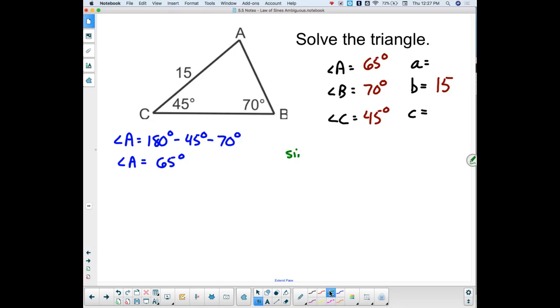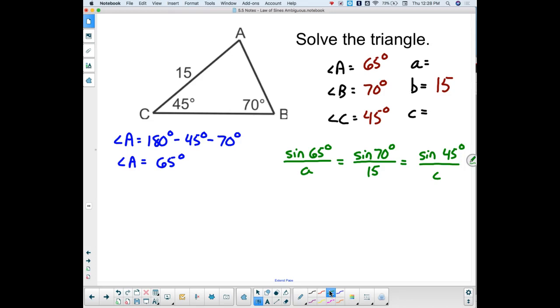The sine of angle A, which is 65 degrees, divided by side A, don't know it, is equal to the sine of 70 degrees, which is angle B, divided by 15, which is equal to the sine of angle C, which is 45 degrees, divided by side C. The law of sines only works if we have an angle and its opposite side.